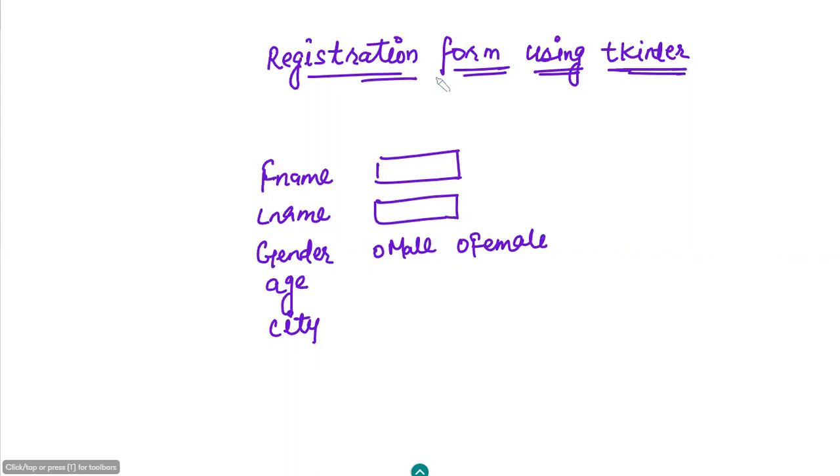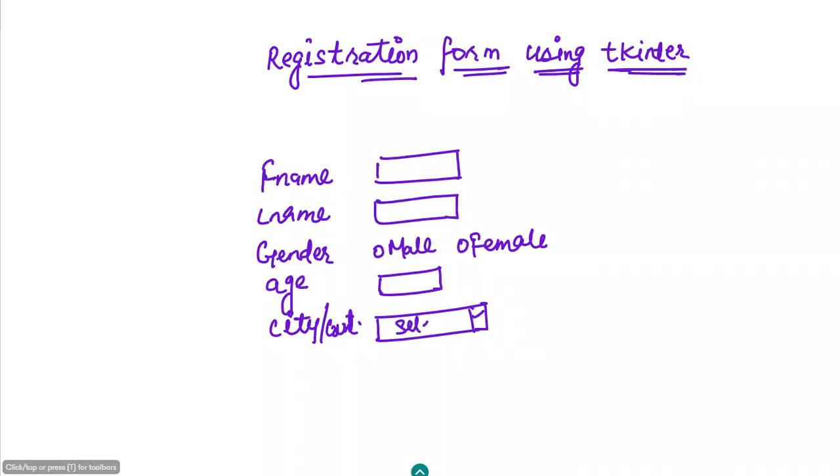So now the age, again an entry box, and here we will use a combo box for the city or the country, right? Through which we will access some country names. So the country names will be listed here.